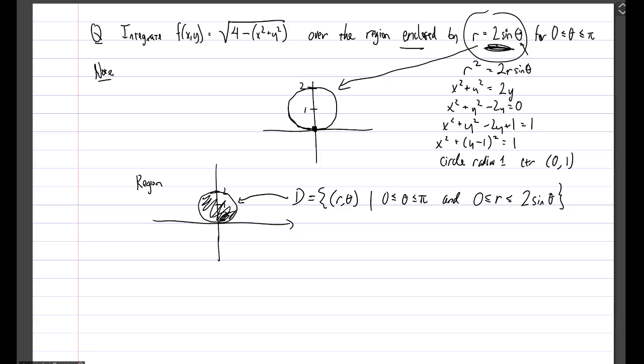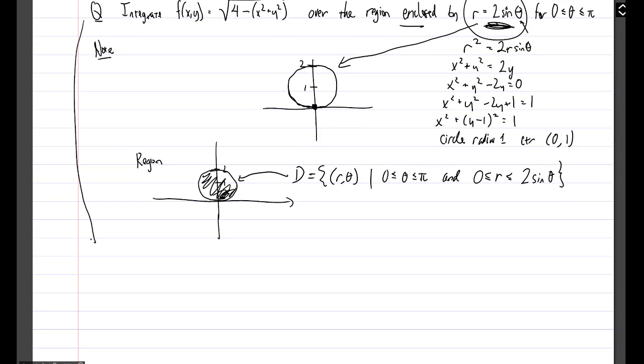Okay, then we'll set up the integral. I know that was a lot of discussion of the geometry here, but the double integral over the region D of this function f of x comma y dA is going to end up looking like this. The dA, as usual, becomes r dr d theta.